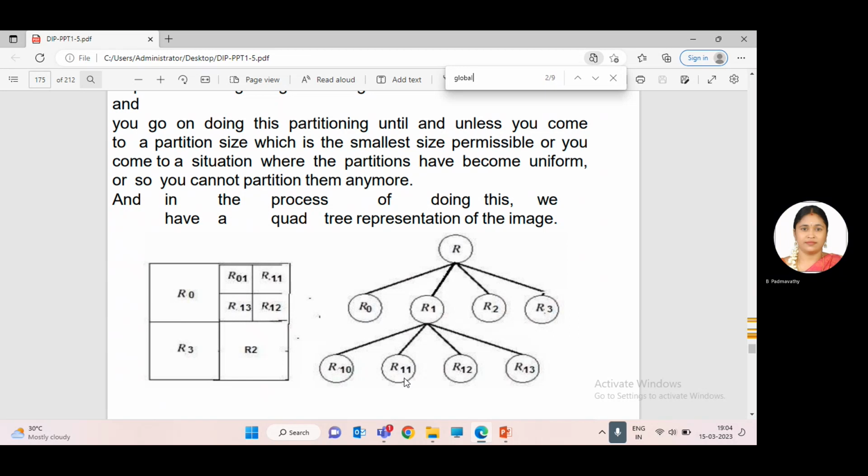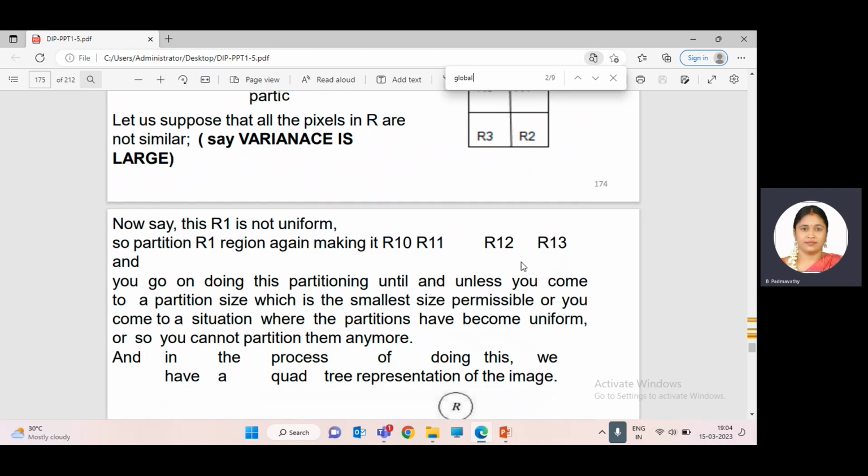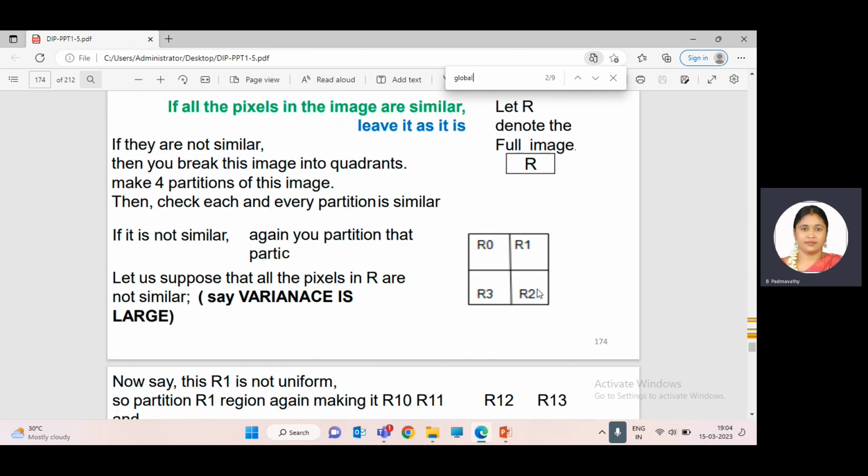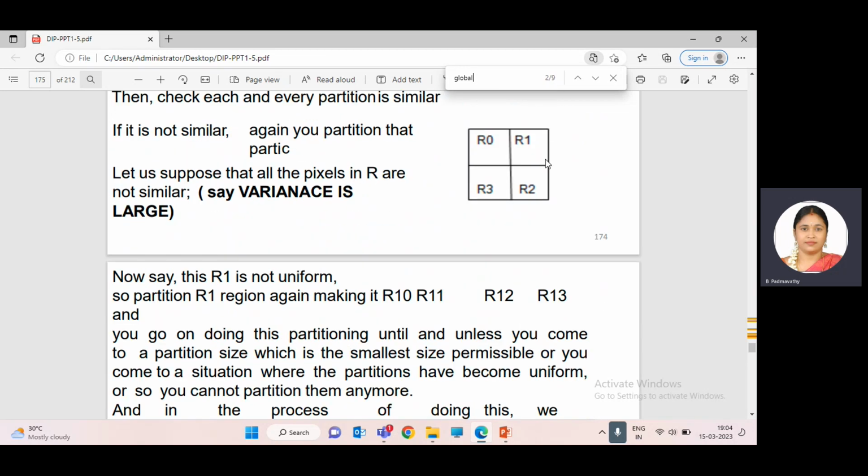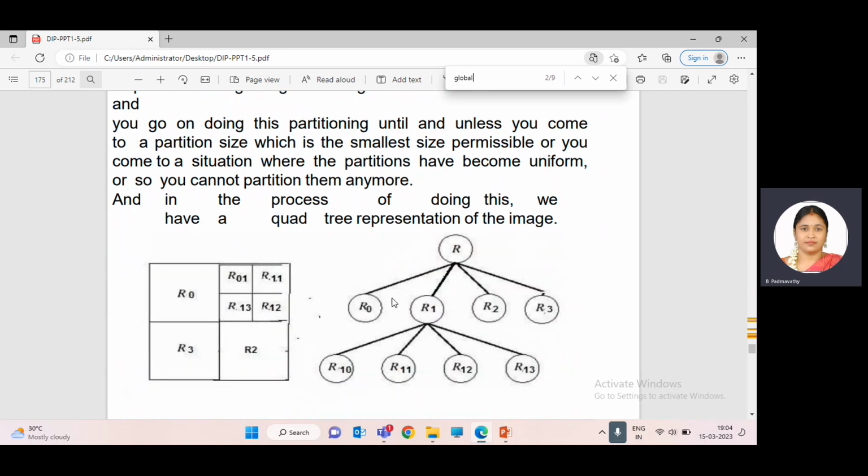So if I segregate R, see, this is the entire image R. I'm partitioning it into 4: R0, R1, R2 and R3. And again I want to split this R1. So what happened to R1? R1 is again split into 4: R10, R11, R12 and R13.